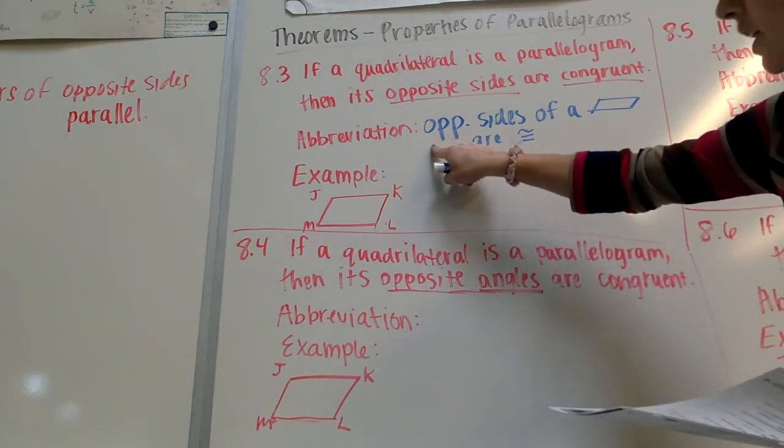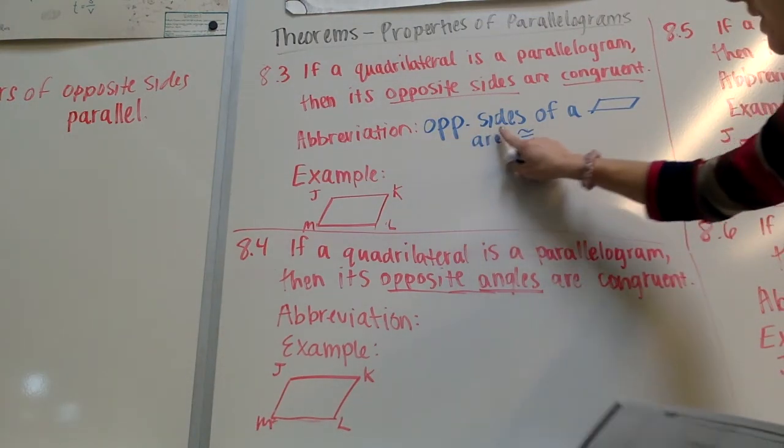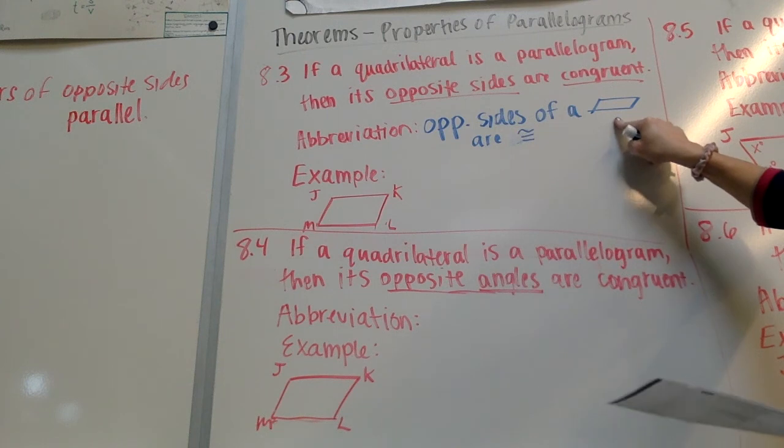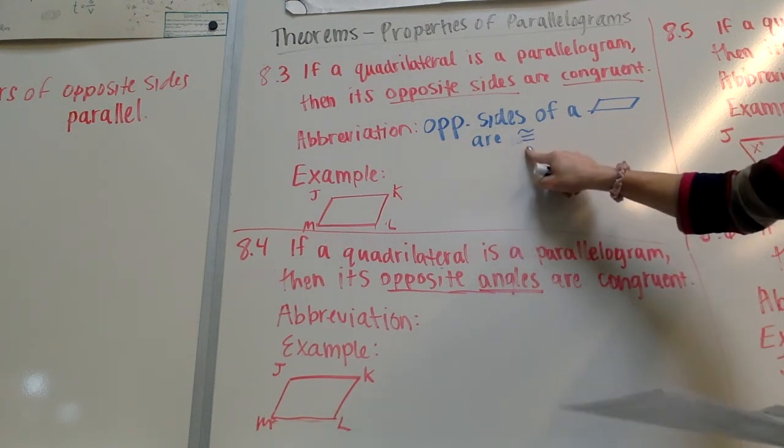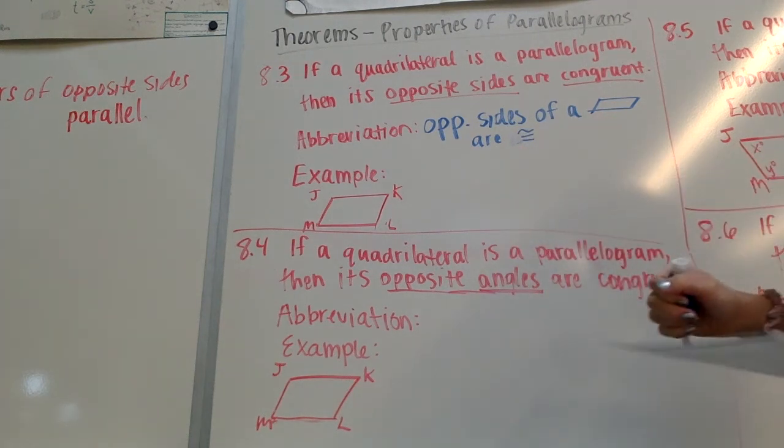Okay, opposite, you can shorten that to the word OPP. Sides of a parallelogram are, and then the congruent symbol. Okay, that's how you write it as an abbreviation.